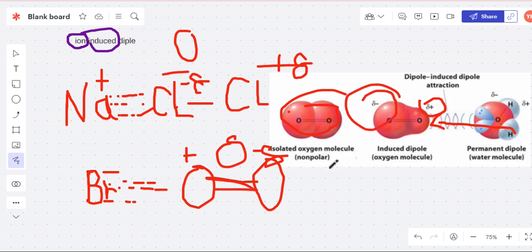Permanent dipole, water molecule, induced dipole. No, this is an example of dipole-induced dipole. We are here dealing with ion-induced dipole. So this example is not right here, but still you can deal with this part. Maybe I have taken a wrong picture.